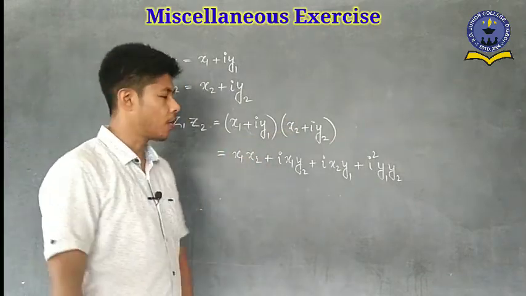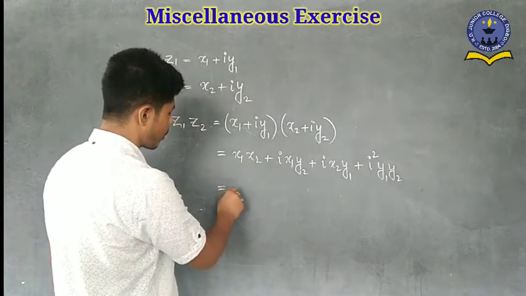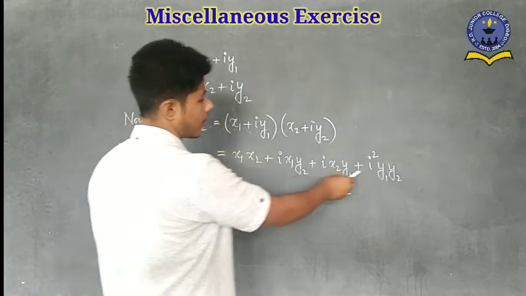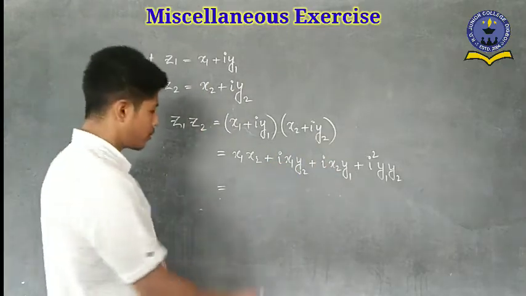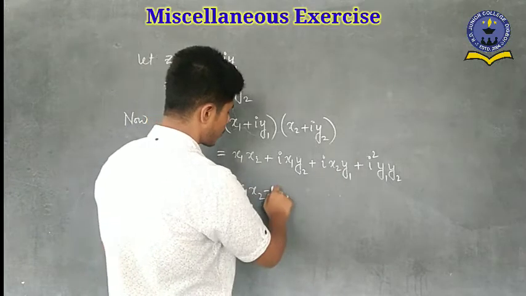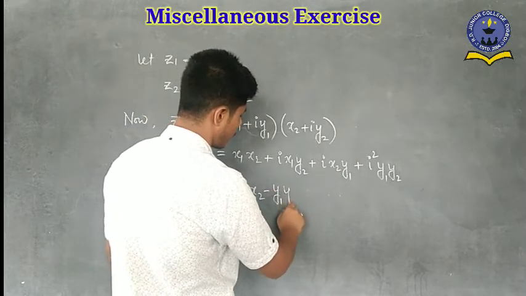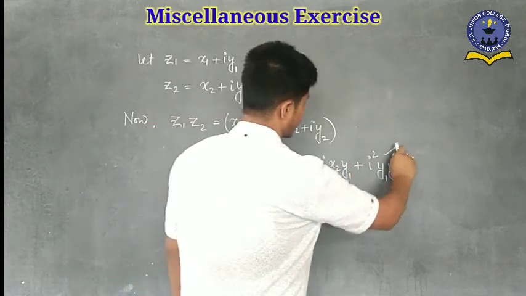Is it clear? Okay, now after multiplying, the real part is x1 x2, and here i square means minus 1, so this is also a real part. So we write x1 x2 minus y1 y2. Is it clear? These two we write first.